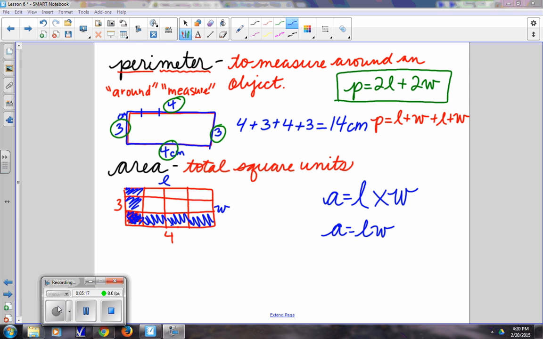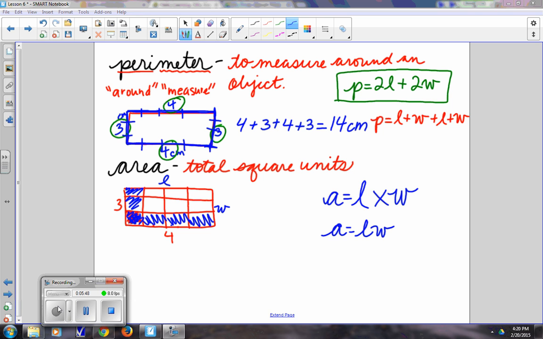So it's real important to understand that you're still talking about units with perimeter. 1, 2, 3, 4, 5, 6, 7, 8, 9, 10, 11, 12, 13, 14. There's 14 units, 14 centimeters all the way around in perimeter, around the measure.